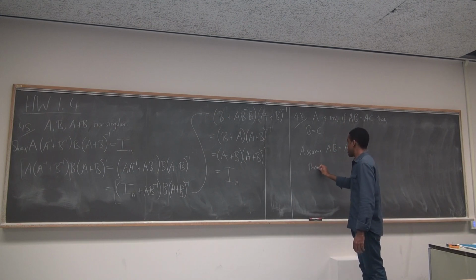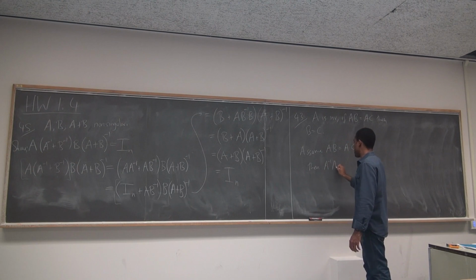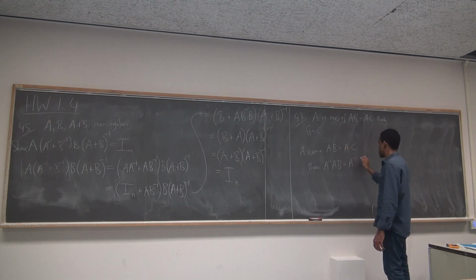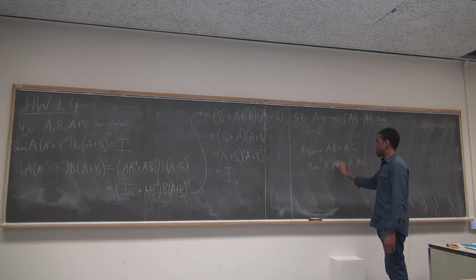This means I can multiply on the left by A inverse, because I know its inverse exists. It's invertible. So this gives me the identity on each side, and I end up with B equals C.